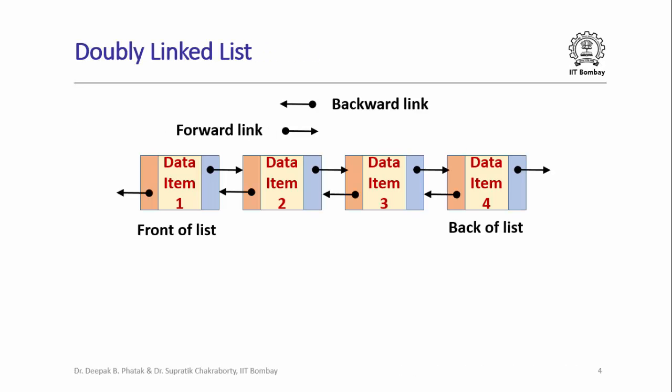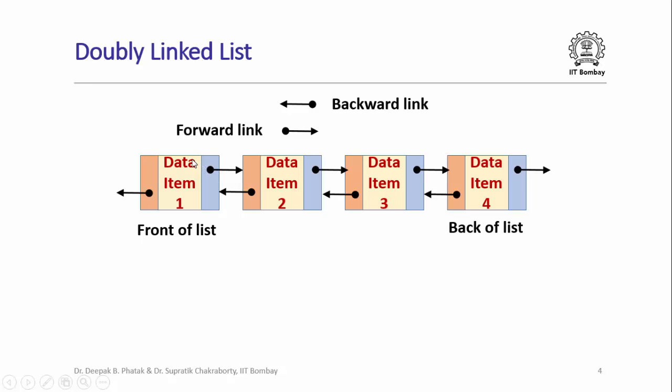Now, the template class list actually represents doubly linked lists. So let us first try to understand what doubly linked lists are. A doubly linked list is basically a data structure or representation of information in which different data items are linked to each other.